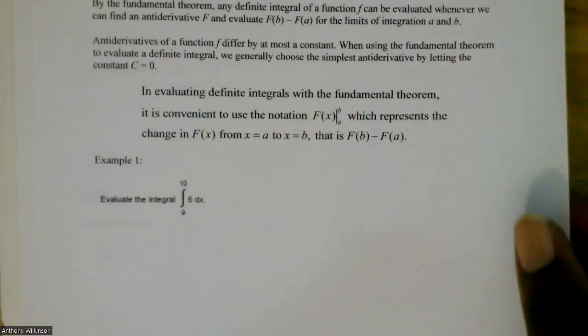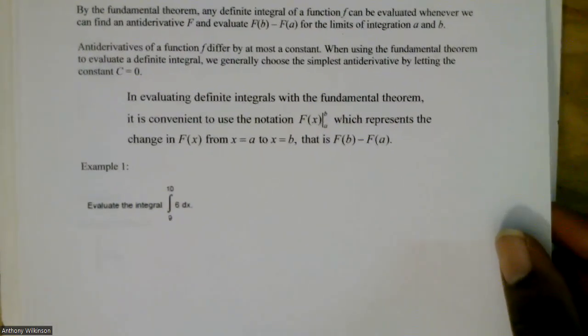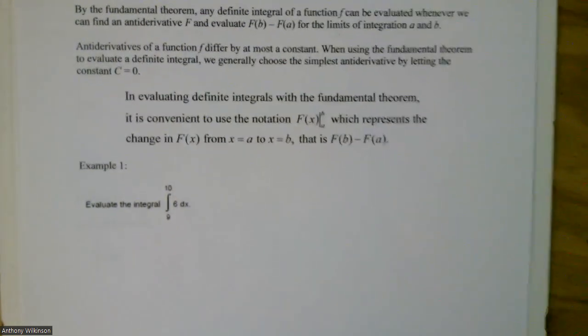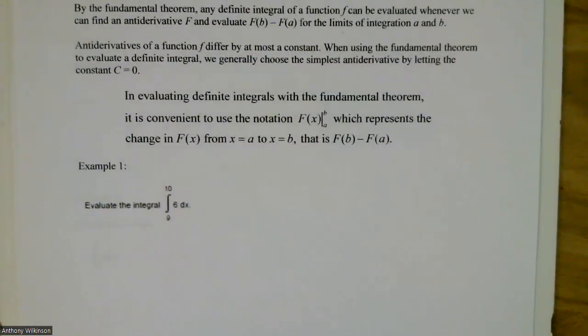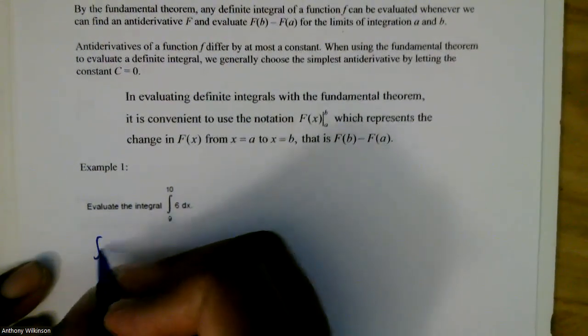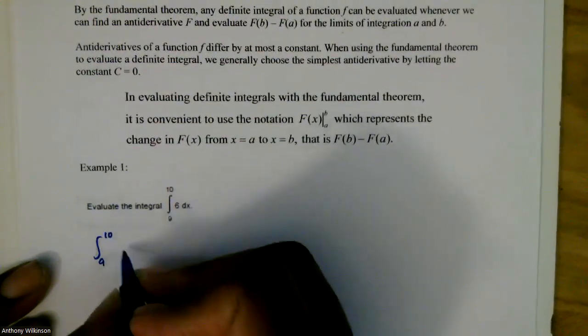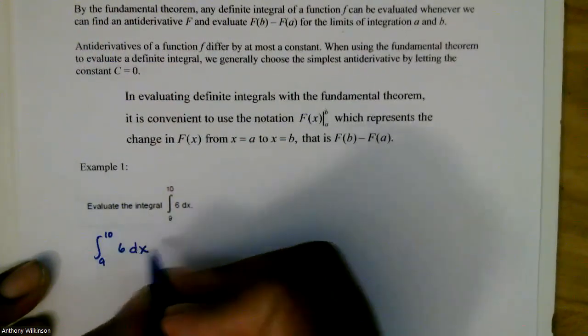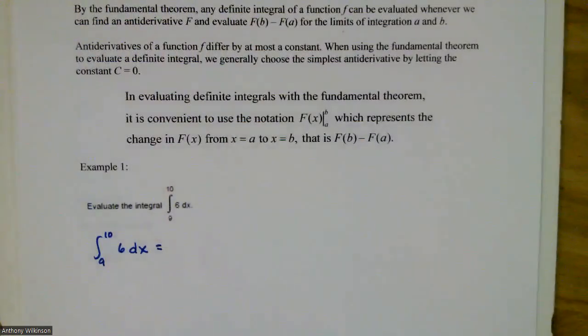So like in example 1, let's say I want to evaluate the integral from 9 to 10 of 6 dx. So in this case here, we're going to integrate 6 dx.